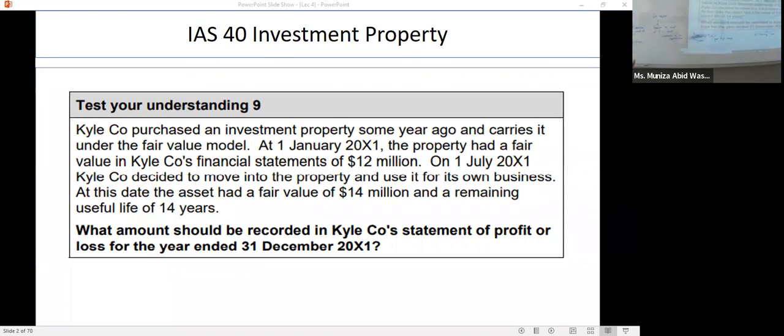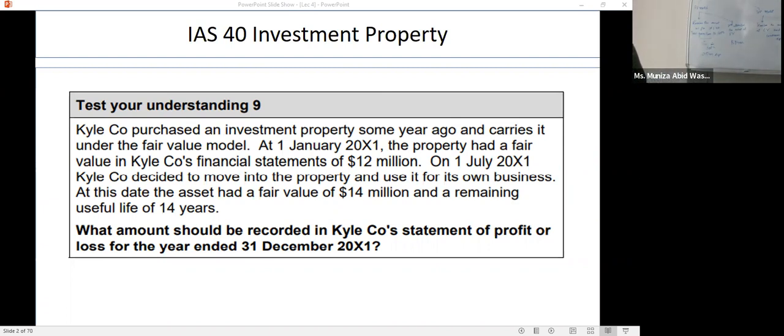And afterwards, when we start depreciating our asset, for the first year we are going to take only half year depreciation since the asset has been transferred only on 1st July 2001, that is the mid of the year. So not this full 1 million, but 50% of it, or multiply by 6 divided by 12, depreciation will be taken in the 31st December 2001 statement of profit or loss. Okay, so we are going to take only 500,000 or 0.5 million of depreciation in our statement of profit.